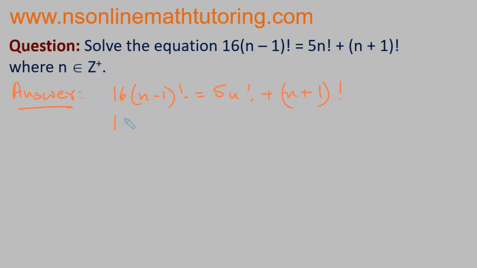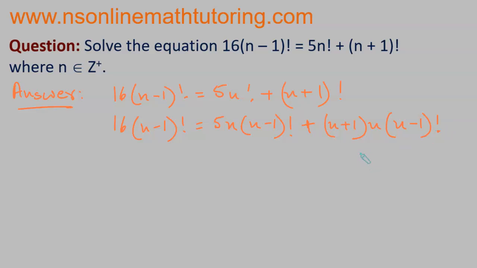So we keep 16 times (n minus 1) factorial as it is, equal to, now 5 times n factorial can be written as 5 times n times (n minus 1) factorial, plus (n plus 1) factorial is (n plus 1) times n times (n minus 1) factorial.